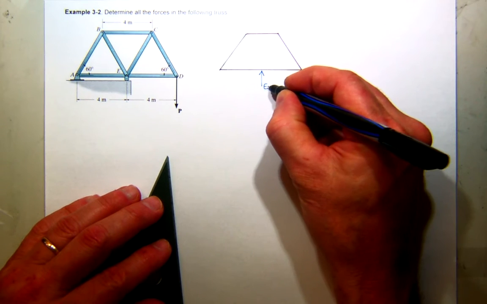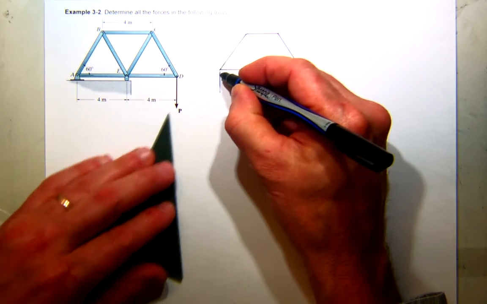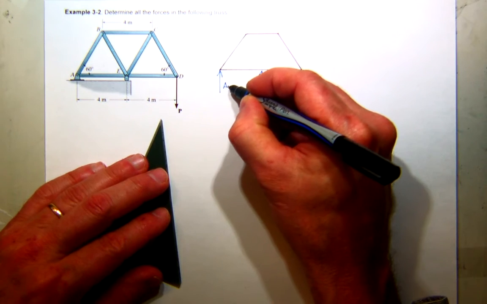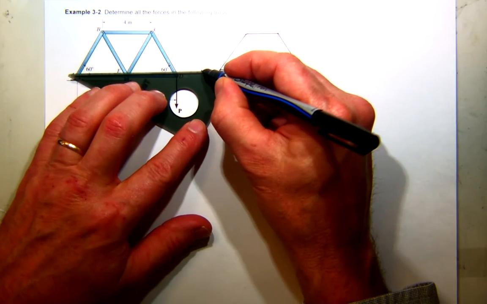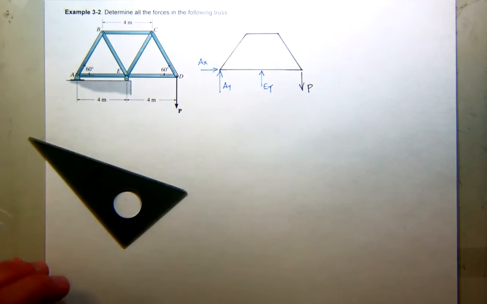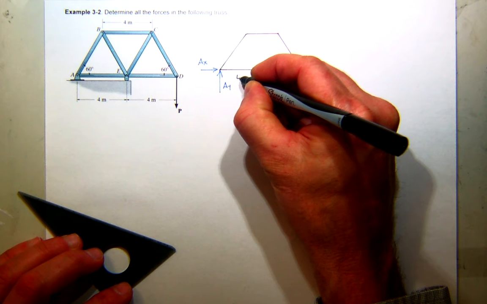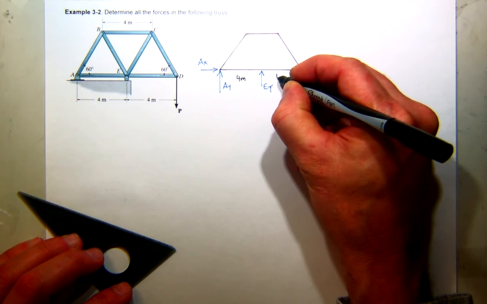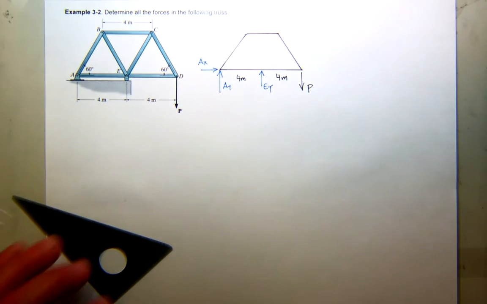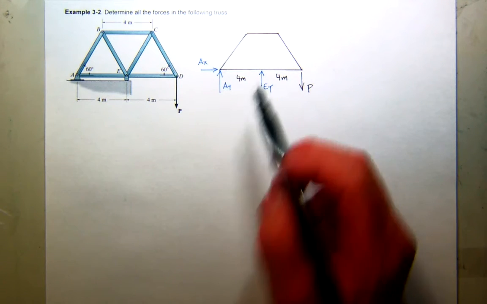I'll call that EY. And then over here at A, it's a pin, so I'll have AY and AX. And I'll just go ahead and write these in, that this is 4 meters and 4 meters. So my point now would be just to find these reaction forces.